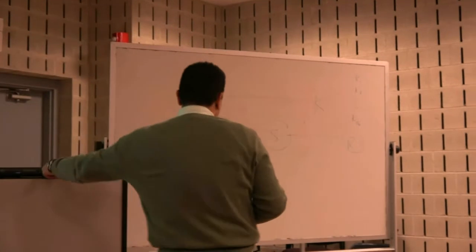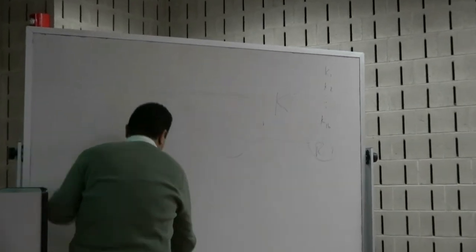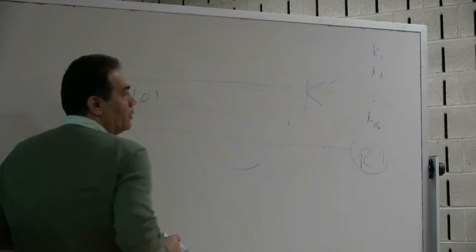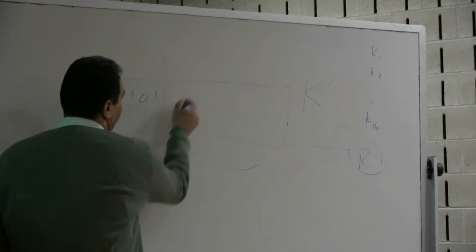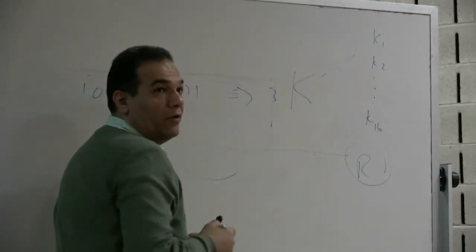So let's say the key is 101. So what we're saying here, take the first and the last. What's the first and last? 1 and 1. This equals 3, right?